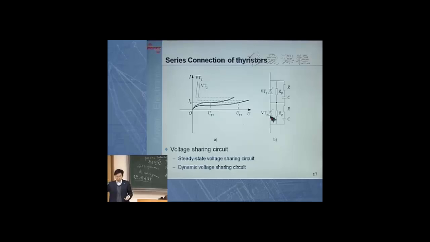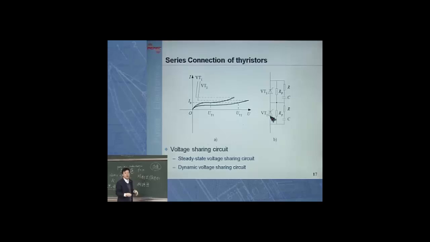So we have to make sure the total voltage is evenly shared among each individual device. That's the major issue we have to deal with. For series connection, you have to take measures to make sure voltage is evenly shared among these series connected devices.